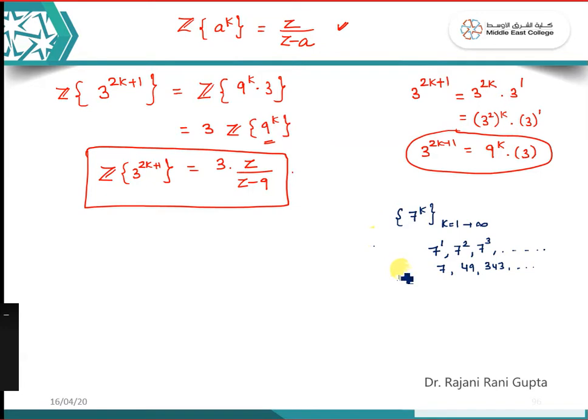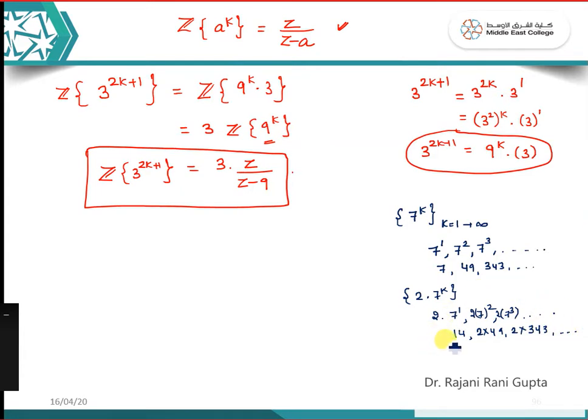When we say the sequence 2 times 7 power k, it means 2 multiplied by 7 power 1, 2 multiplied with 7 power 2, 2 multiplied with 7 power 3, and so on. So this gives you 2 multiply 7, that is 14, 2 multiply 49, 2 multiply 343, and so on.